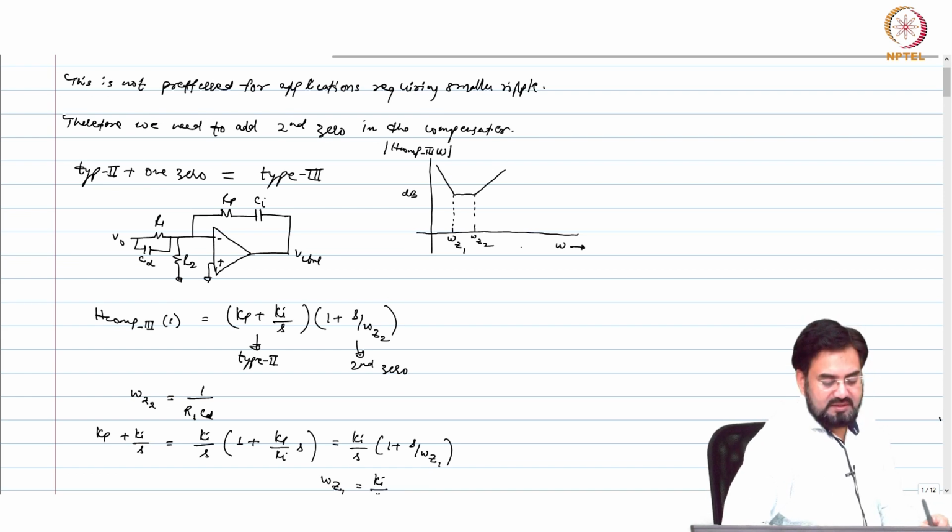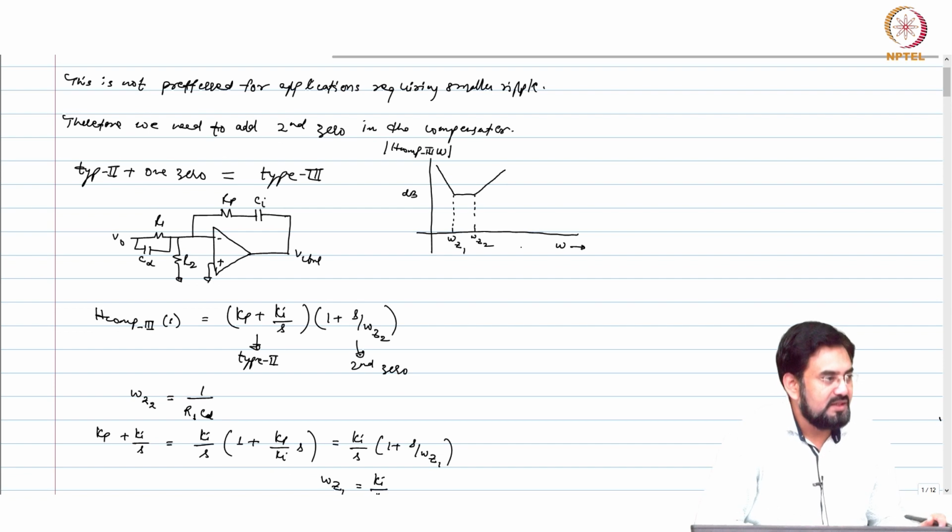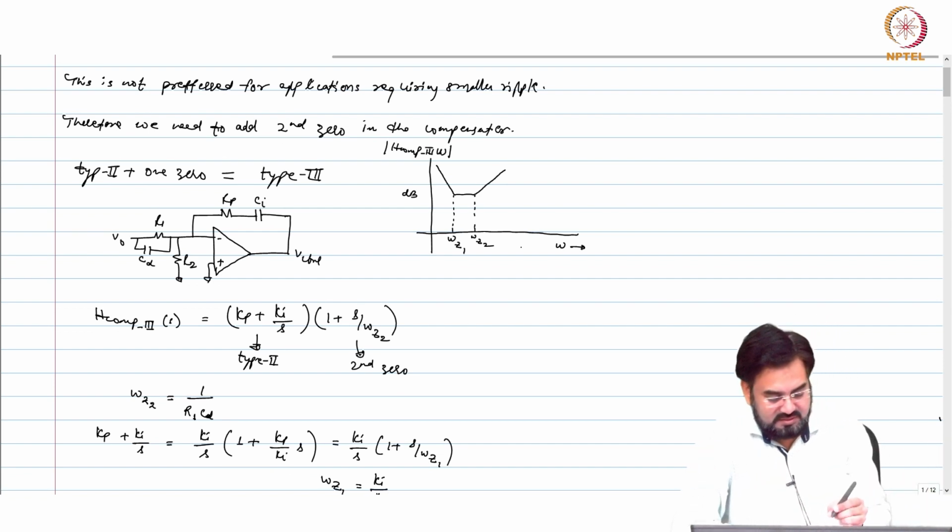Okay, and you don't have any pole here, so it will keep going unless you have a pole that will flatten it out. Okay, so we'll add that pole later, but for simplicity for now we will consider only 2 zeros and one integrator.